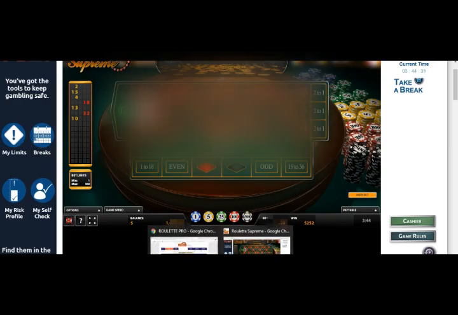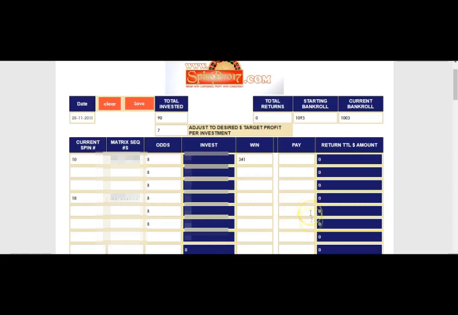Lock and load it. It was 252. Let's take a look at your bankroll. Okay. We've asked for $7 a spin as our profit. We had 1, 2, 3, 4, 5, 6, 7 sixes of 42. Our bankroll should be, we started at 1,093.